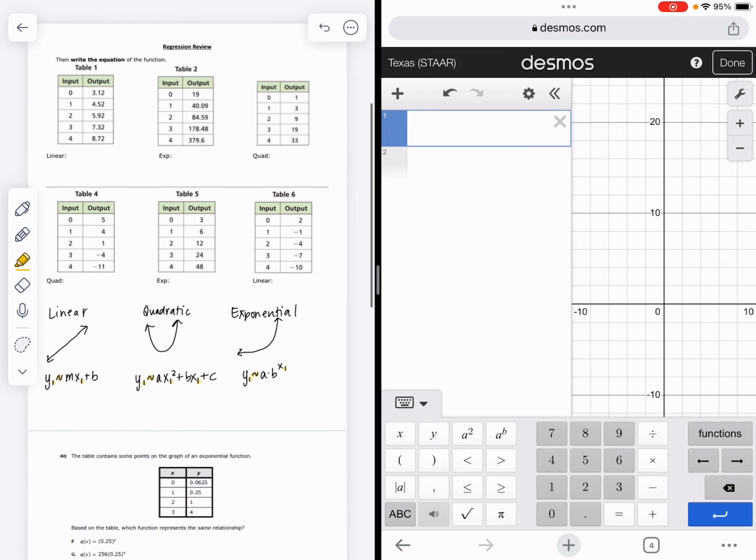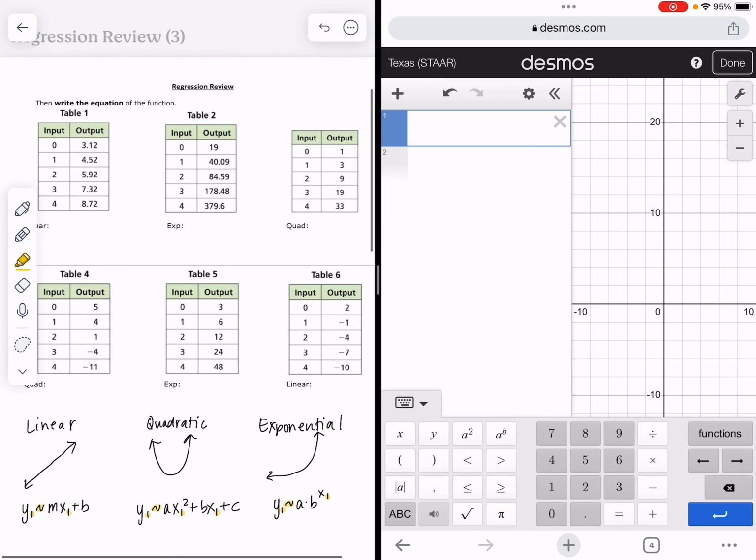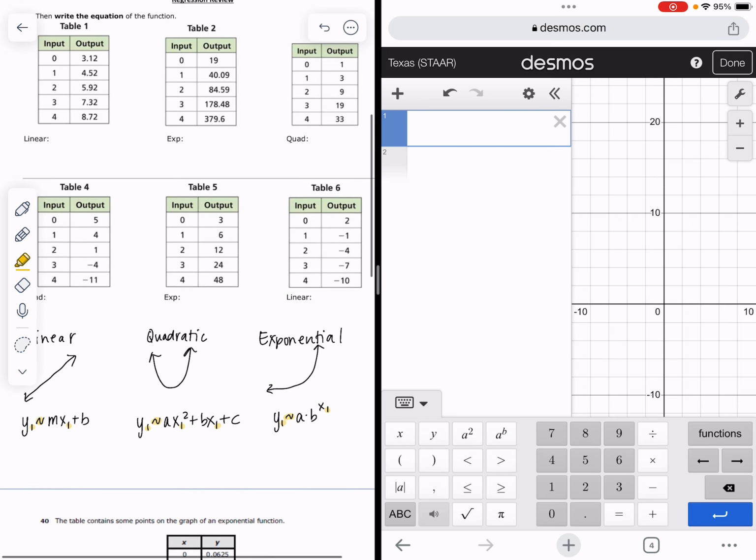Starting with these examples, table 1 says linear.